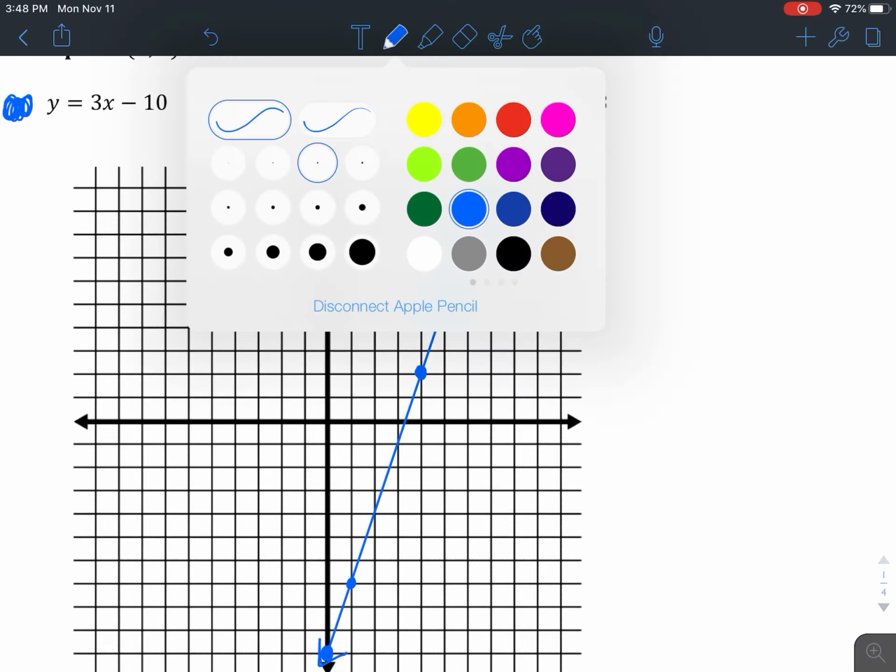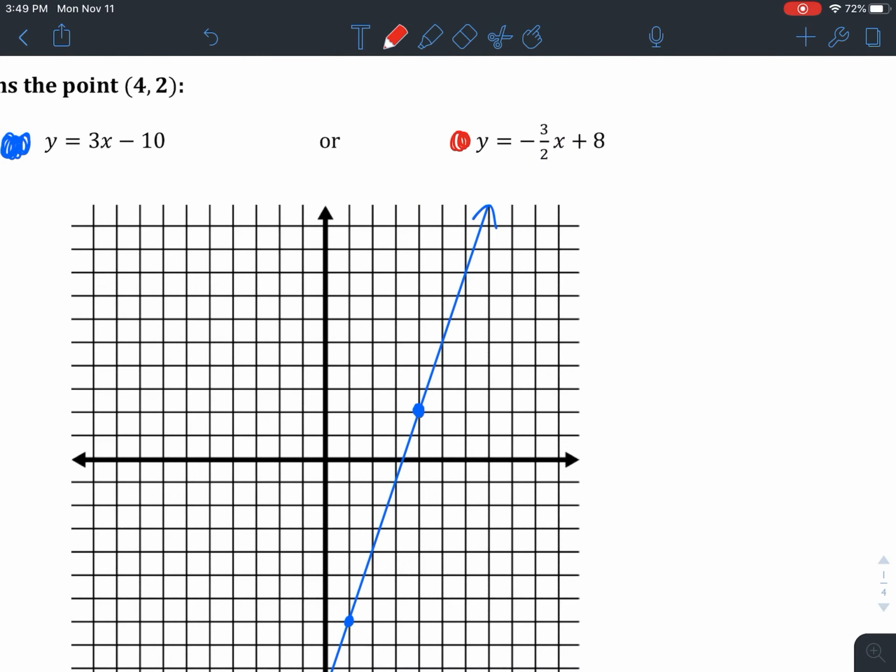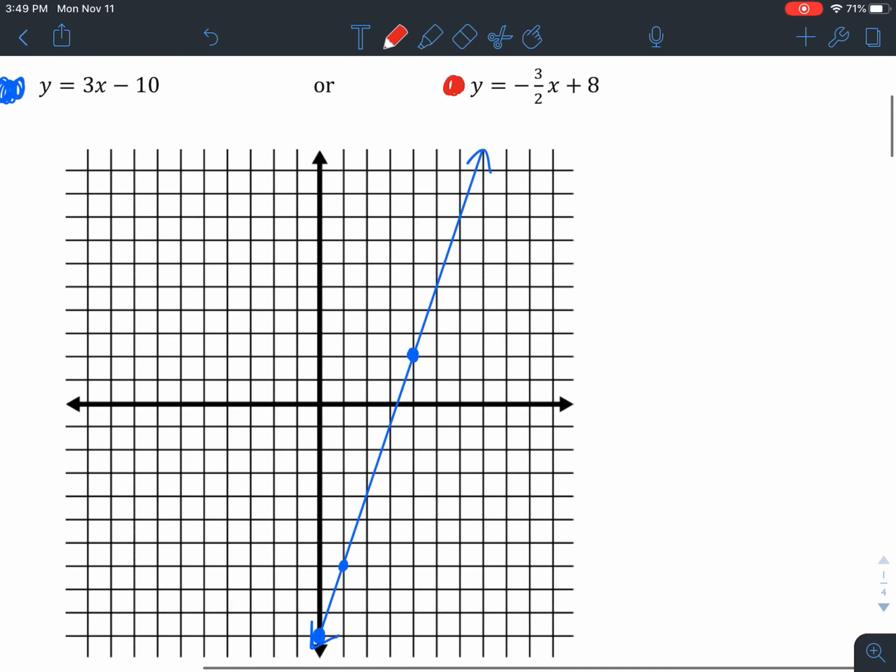Now that doesn't necessarily mean that it couldn't be a point on both lines. So I'm going to go ahead and check the other equation as well. All I can say is that it's a point on my blue line so far. So for the red graph, which is my right equation, negative 3 over 2 is my slope, positive 8 is my y-intercept. So I'm going to go to positive 8 and plot my point. Negative 3 over 2 is my slope.